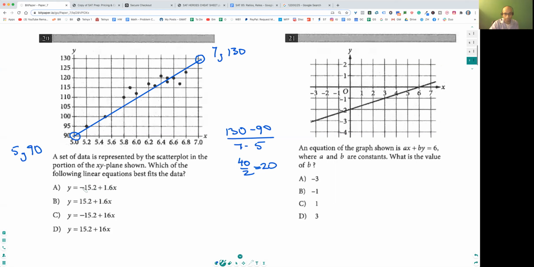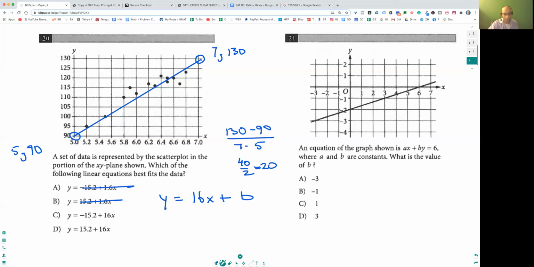This is 1.6, that's gone. This is gone. This is roughly the value, 16. Maybe you draw the graph correctly, you'll get it. I've just drawn it super fast. It's one of these two. So now you've got y equals 16x plus b. Now all you got to do is plug in one of these values to check your answer.